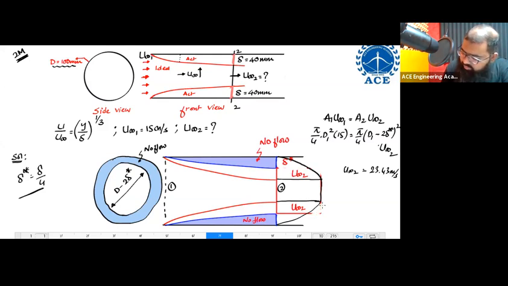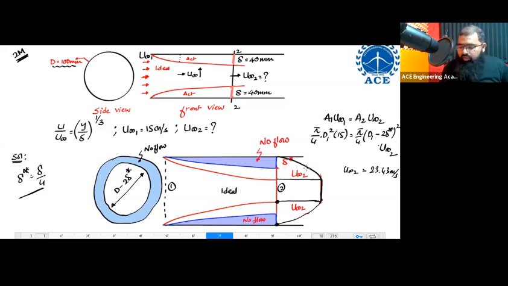This is how the velocity profile in reality is going to be. Because we know that when boundary layer formation has taken place, at the wall there is zero velocity, and till the boundary layer end you are going to have variation in velocity. Then in the center, I'm having ideal flow. So over here, the velocity profile has to be uniform, again like this.